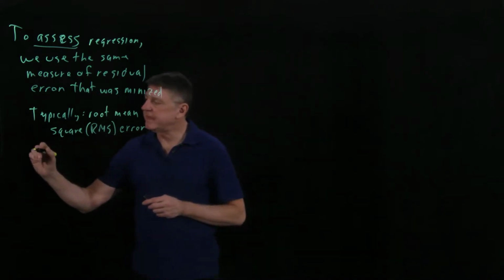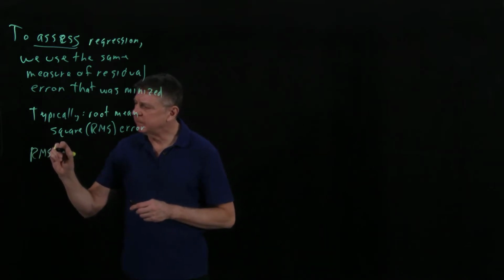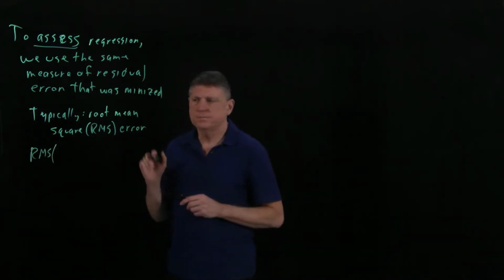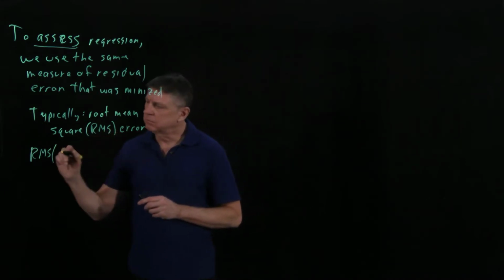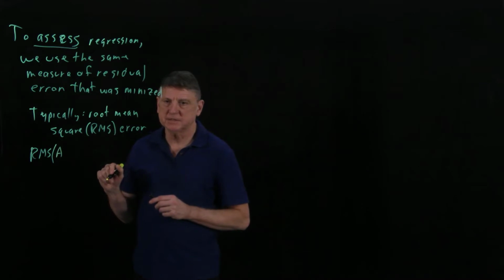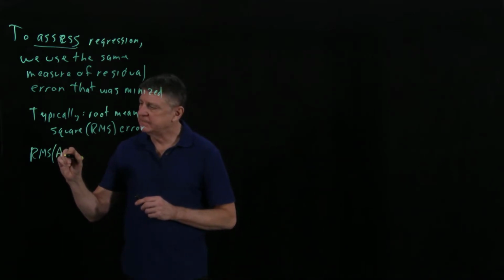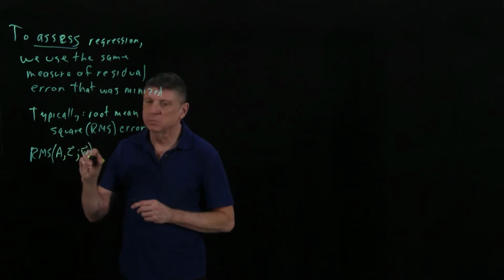And we'll say that the root mean square error, so what's that error of? Well, what was our model? Our model required the independent observations and required the dependent observations and used the parameters of our model.